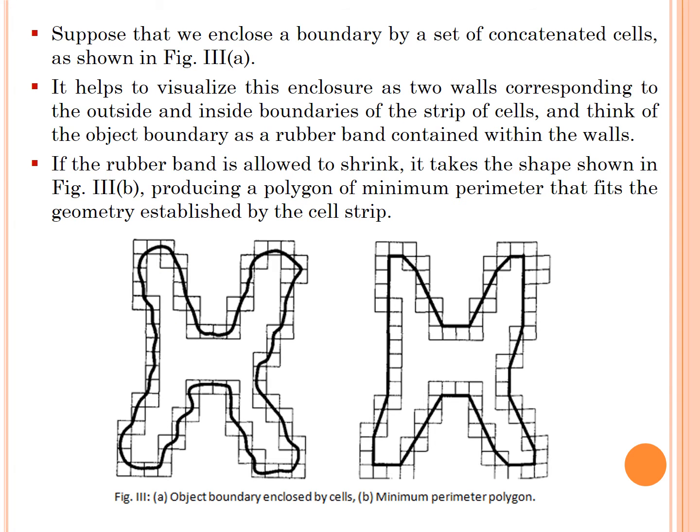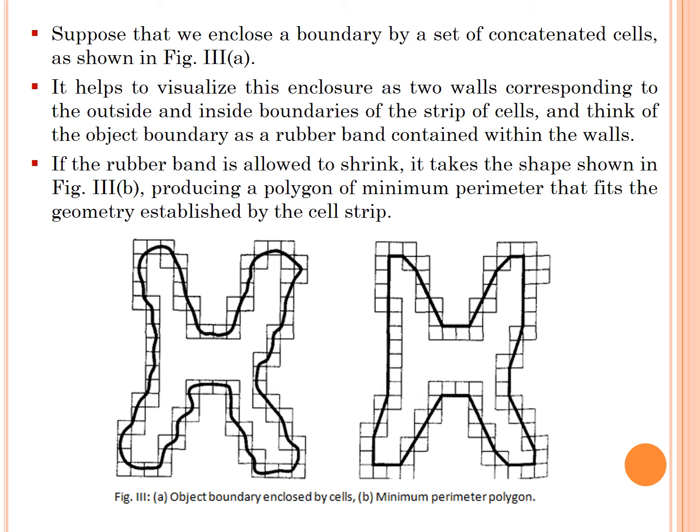Suppose that we enclose a boundary by a set of concatenated cells, as shown in figure 3a. It helps to visualize this enclosure as two walls corresponding to the outside and inside boundaries of the strip of cells, and think of the object boundary as a rubber band contained within the walls.